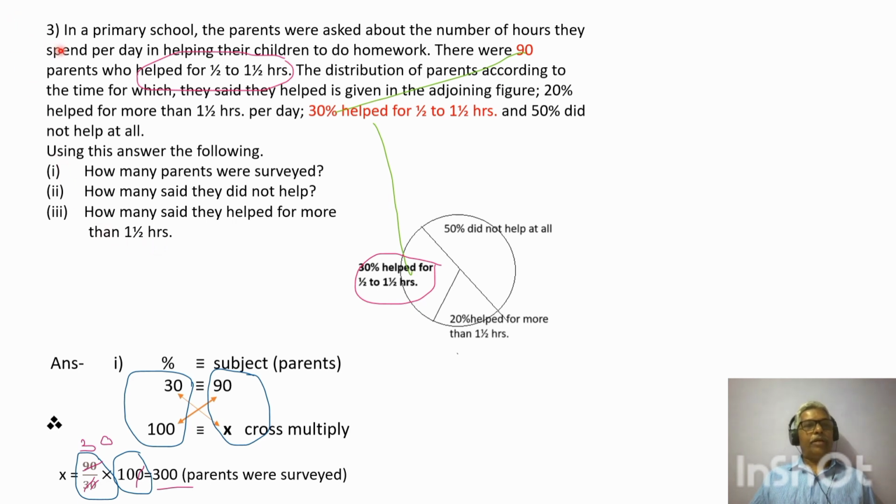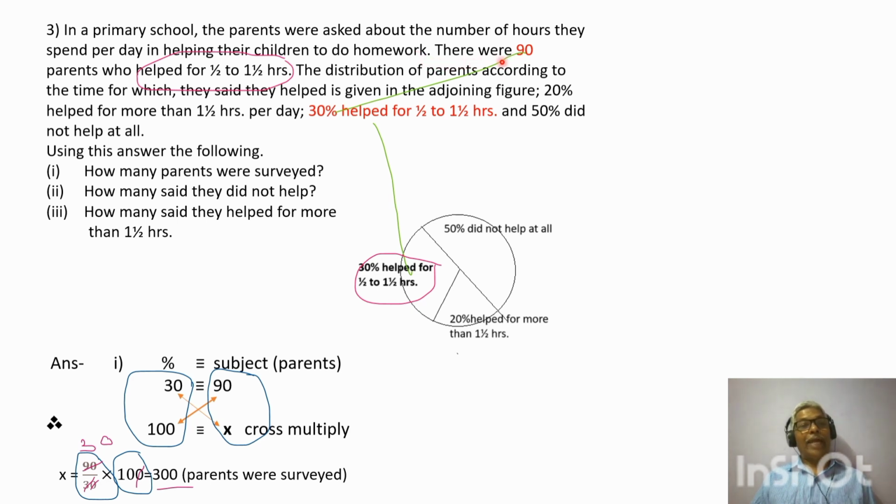So here we are tackling a problem, an example of ratio and percentage. See, this is a problem. In a primary school, the parents were asked about the number of hours they spend per day in helping their children to do homework. Okay, are you getting this?